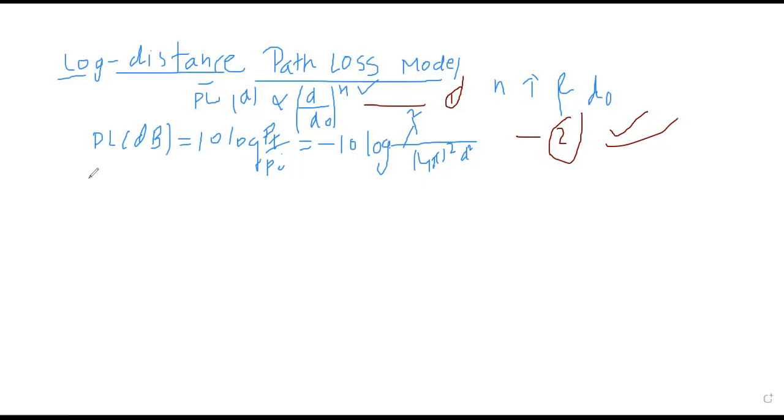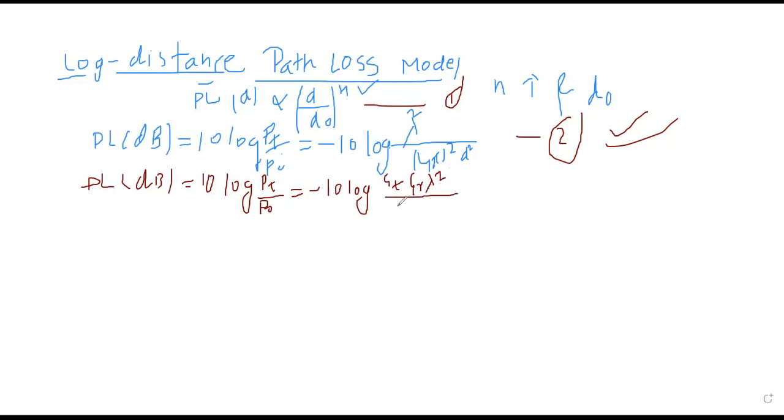Our reference path loss is calculated using the free space path loss model. In free space, we write PL in dB is equal to 10 log of PT to P naught, and that is equal to minus 10 log of G T, G R, and lambda square divided by (4 pi) square and d square.